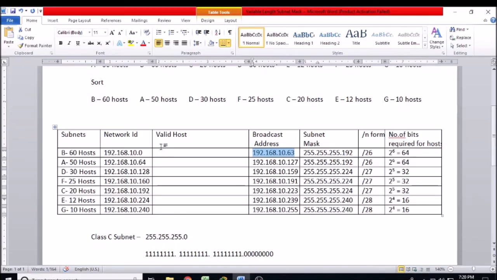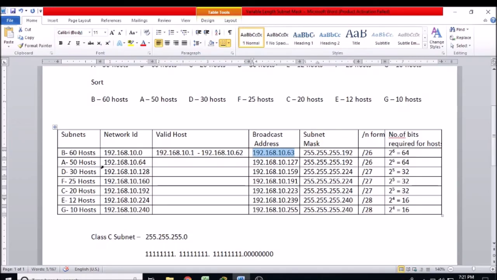So you have to assign the rest of the numbers between 0 and 63 as valid hosts. Dot 0 is the network ID, and the last valid host is going to be 62, with 63 as broadcast. So the first address of the subnet is the network ID, then the valid hosts, and then the last one is the broadcast address.